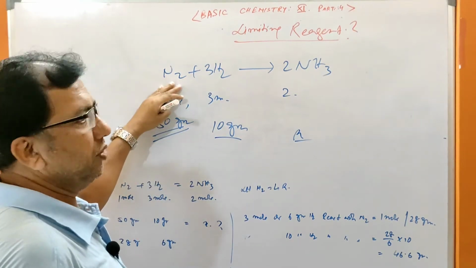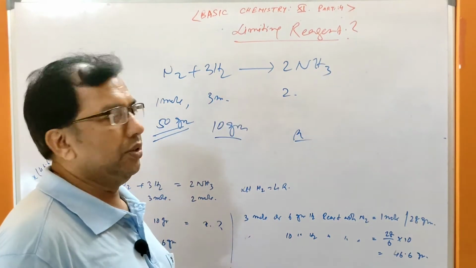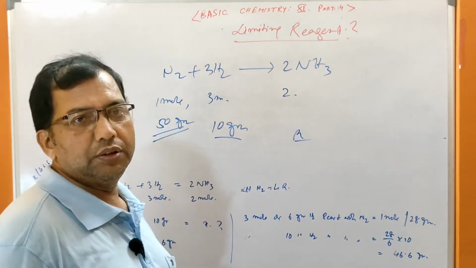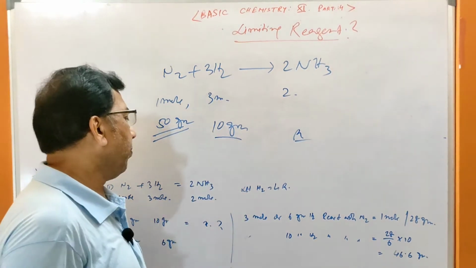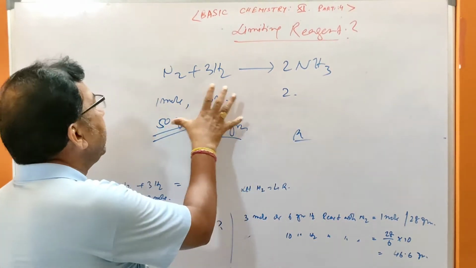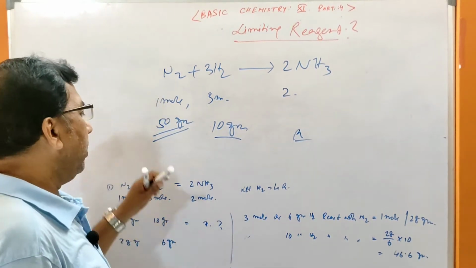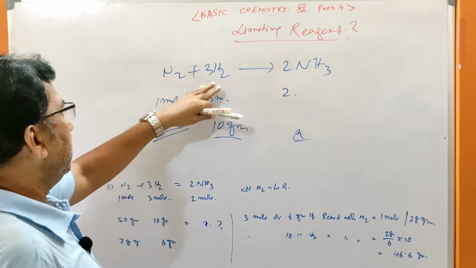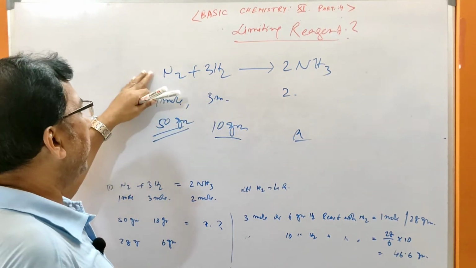50 gram of nitrogen and 10 gram of hydrogen react to form ammonia. Okay, see here what you know from this reaction: N2, 1 mole, and 3 moles of hydrogen.